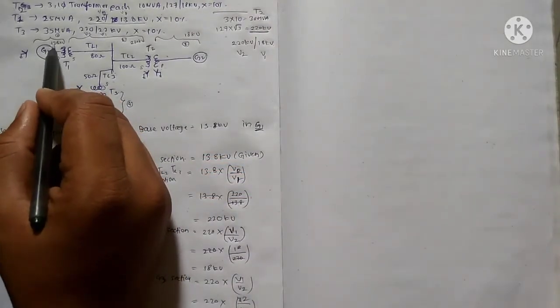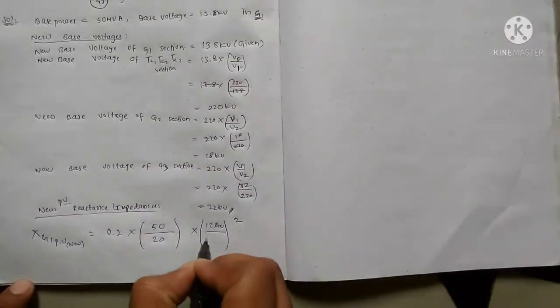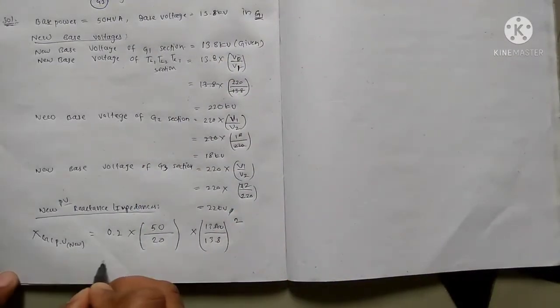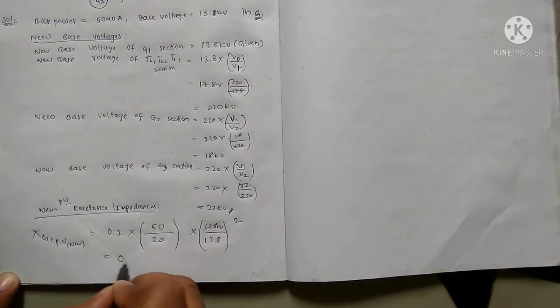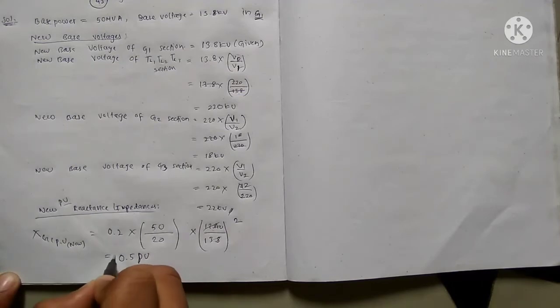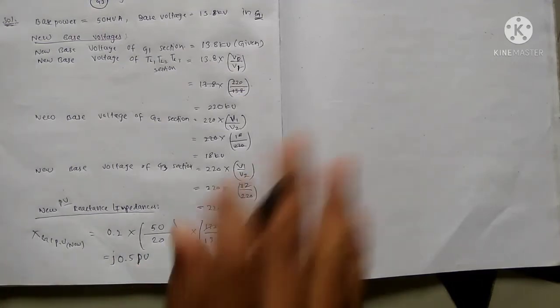This section voltage is 13.8 kilovolt. Both get cancelled, and we are left with 0.5 per unit. I said to multiply by j.